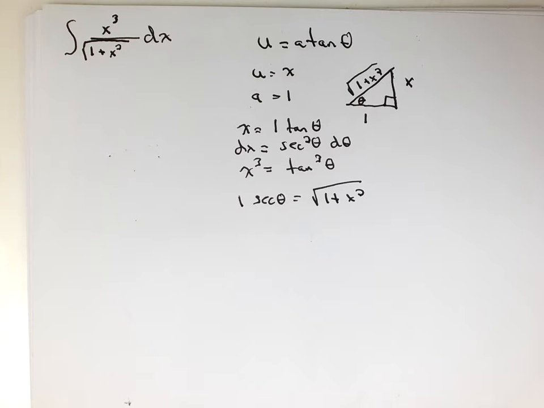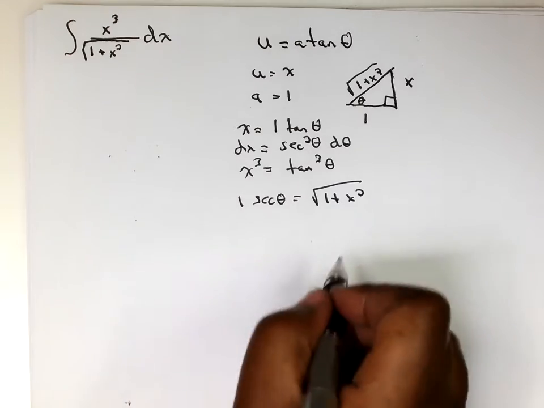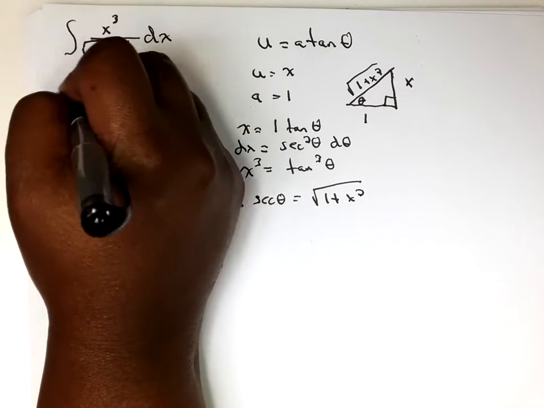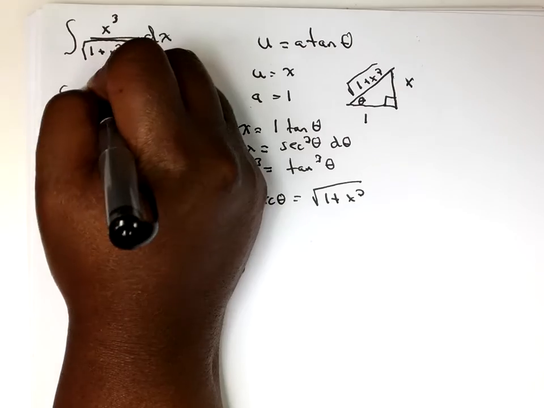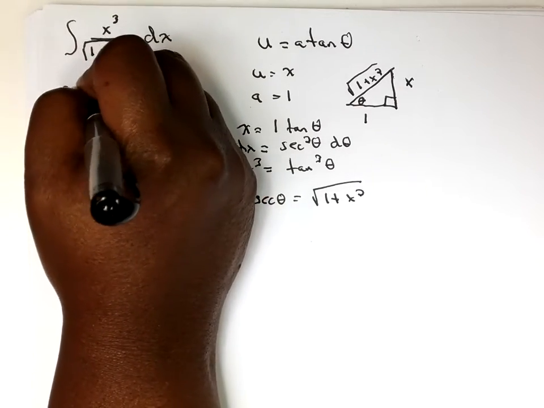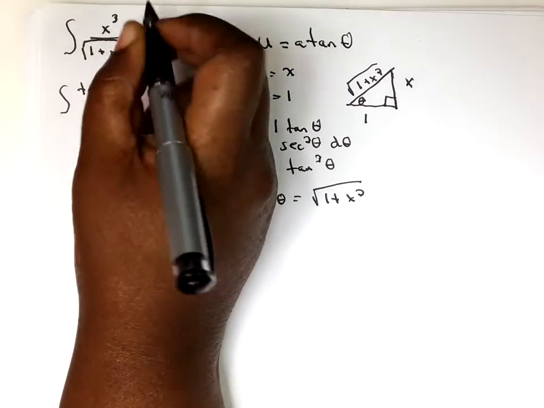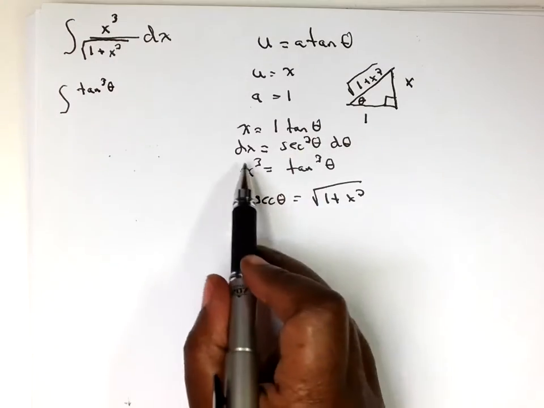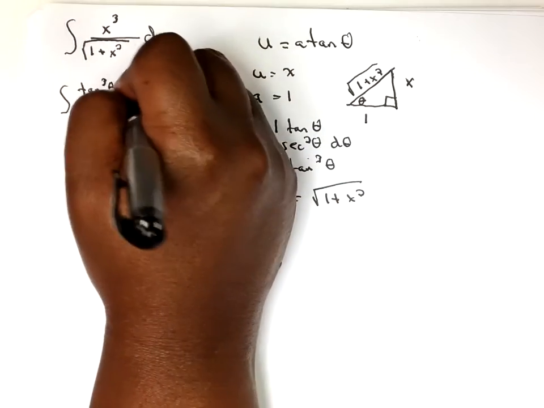And I think I have everything I need. If I don't, I can always come back over here. But start plugging stuff in. X cubed is tangent cubed theta. Dx is secant squared theta d theta.